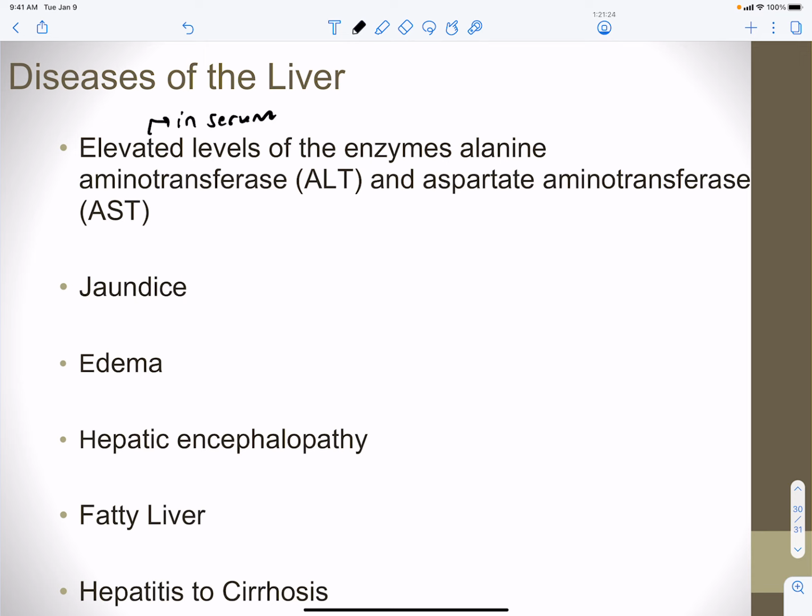This can be due to your hepatocytes being injured due to an infection, and then they're going to release these enzymes into the blood, and in the blood you'll see these increases. Jaundice is going to be an accumulation of bilirubin in the blood. And this is usually caused by inefficient bilirubin glucuronation in the liver.